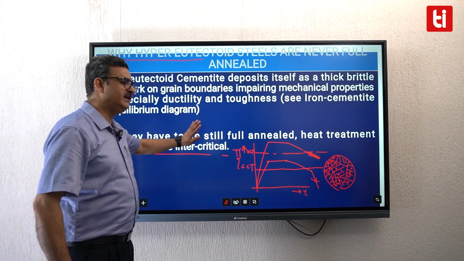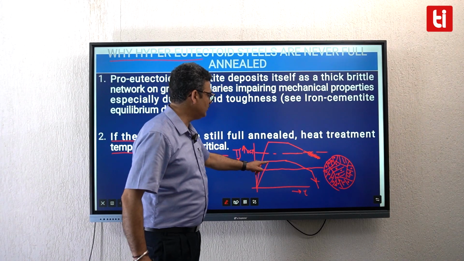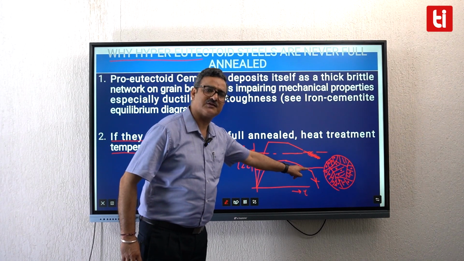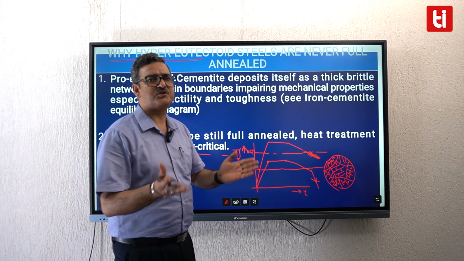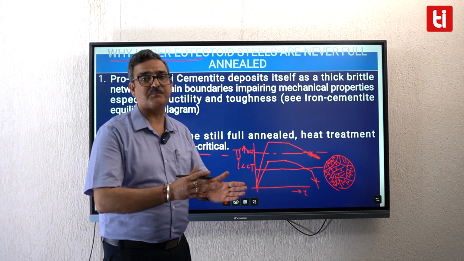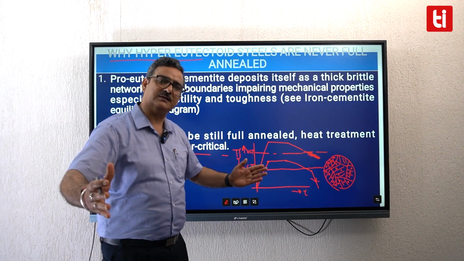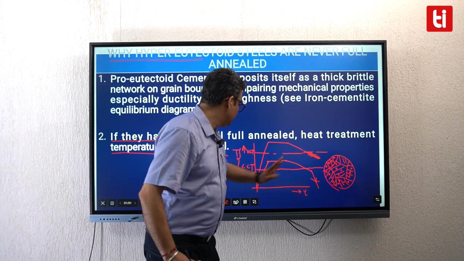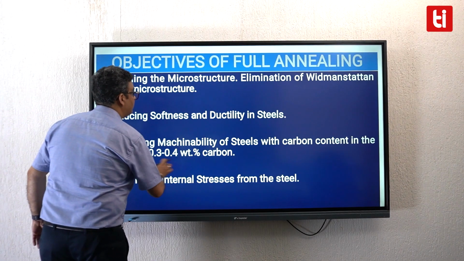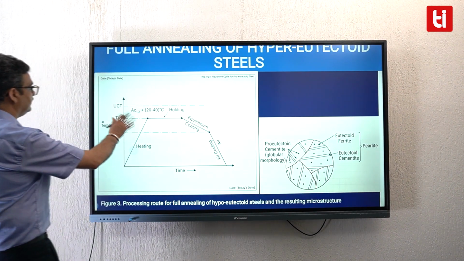So full annealing नहीं की जाती, करनी हो तो lower critical temperature से ऊपर गए, 20 से 40 डिग्री ऊपर, होल्ड किया, स्लो कूल किया, कहाँ तक? इक्विलिब्रियम कूलिंग, फर्नेस कूलिंग कहाँ तक की? जहाँ तक ट्रांसफॉर्मेशन कंप्लीट नहीं होती. कौन बताएगा? सीसीटी डायग्राम से इंफॉर्मेशन मिल जाएगी कितने टेम्परेचर तक, कितना टाइम तक आपने स्लो कूलिंग करनी है. जब ट्रांसफॉर्मेशन खत्म, एयर कूलिंग कर दीजिए. And the same I would show on the next slide. So this is it.